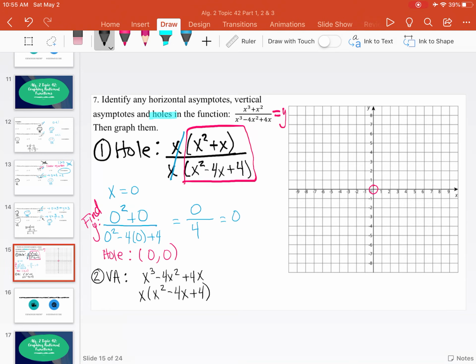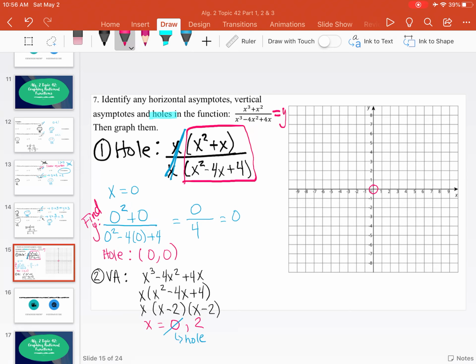I can factor this trinomial even further to get x times x minus 2 times x minus 2, or x minus 2 squared. If I were to set this equal to 0, I know that my values of x could either be 0 or positive 2. However, because we had this removable discontinuity with the hole, literally we were removing x from our function, x equals 0 cannot be a vertical asymptote. There's already a hole in the graph there.